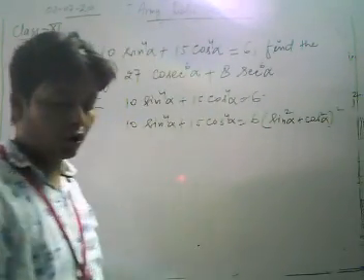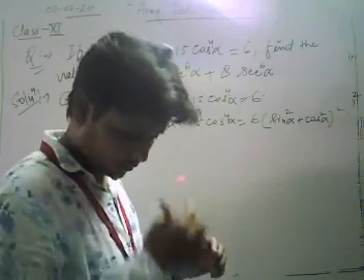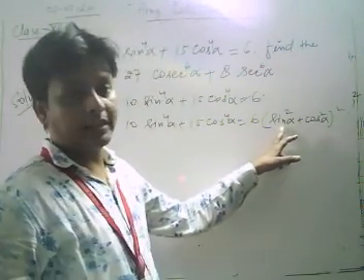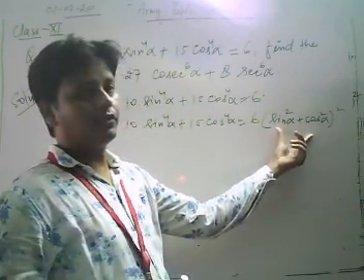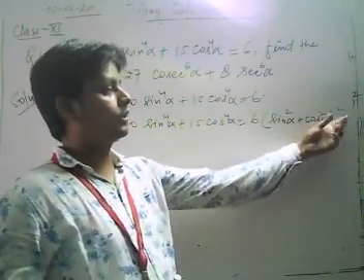We write this now because sin square theta plus cos square theta is equal to 1, so we write 6 into (sin square alpha plus cos square alpha) whole square.